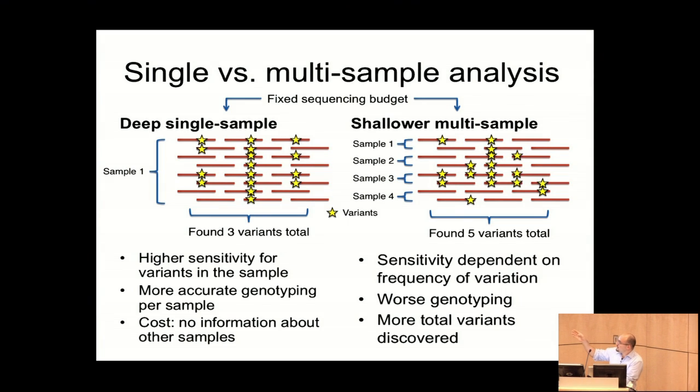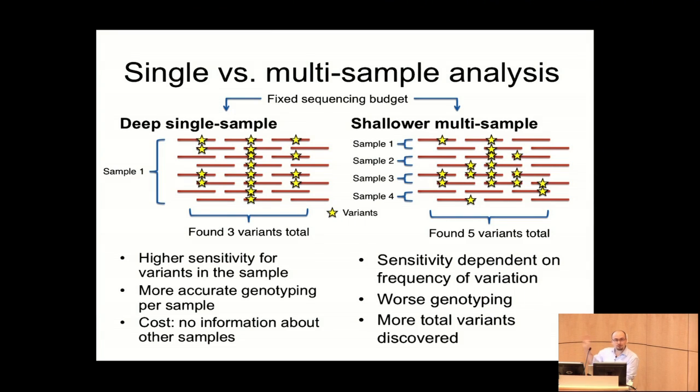What's going on here is that you have much better ascertainment. I could tell very clearly which sites are heterozygous, which are homozygous in the single sample deep. It's harder to figure that out in the shallower multi-sample case. But the critical trade-off here is that I only find 3 variants in the deep sequencing, but I find 5 variants in the multi-sample case.